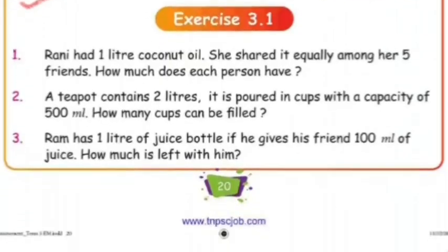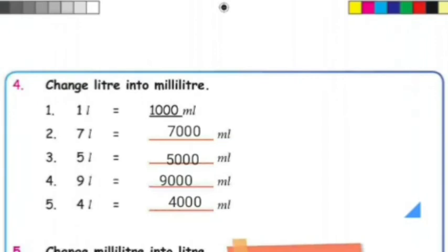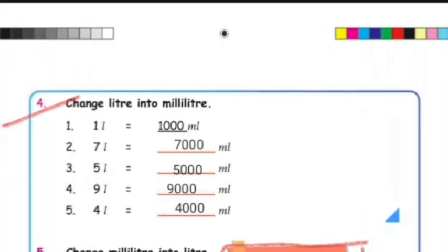The next upcoming exercise 3.1, I will make a different video that I will send you along with this later. Into milliliters. I have already taught you 1000 milliliter equal to 1 liter. So look, observe this formula.